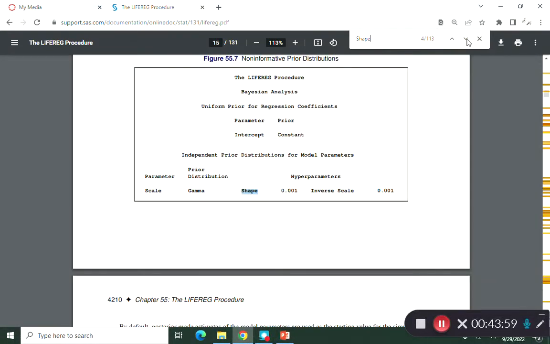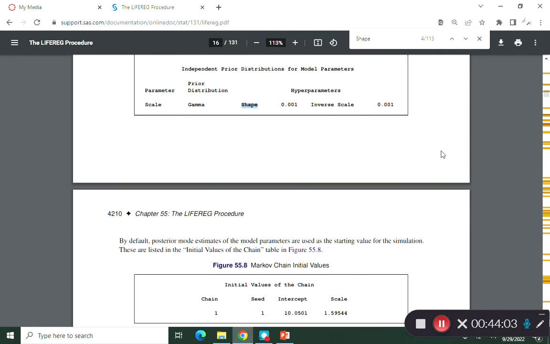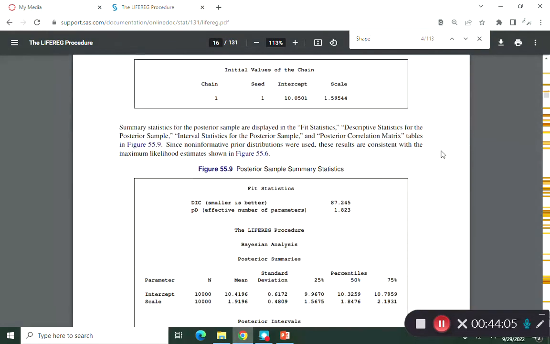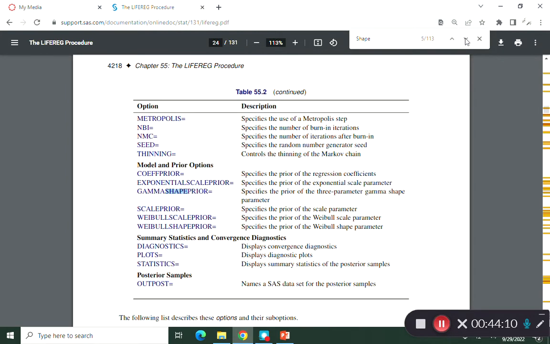See here? There's the gamma distribution. Gamma distributions have a shape parameter, a scale parameter, and I think another parameter you need to estimate. There are Weibull shape, Weibull scale, and lognormal shape, lognormal scale.